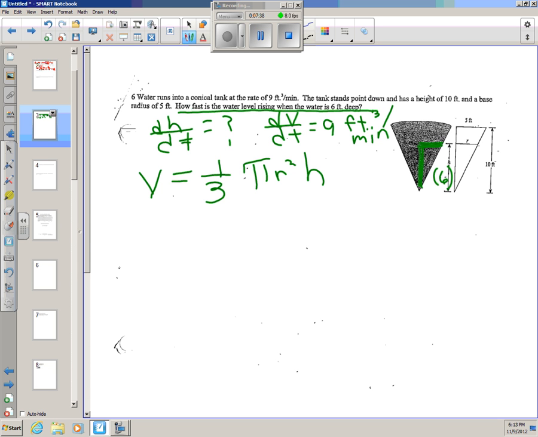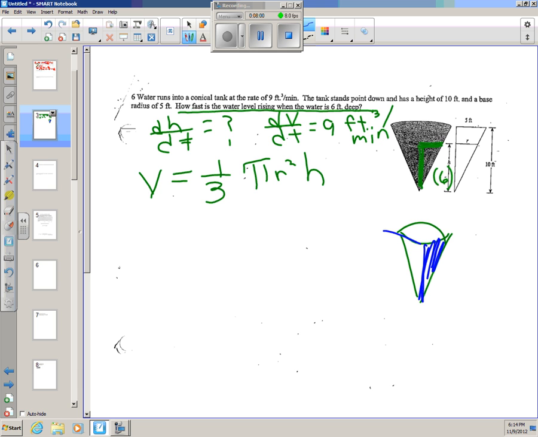All right, so now we're not really concerned with the radius, and we don't have any information directly given to us about the radius. So let's see if we can figure out a relationship between the radius and the height. Now, when I have a cone and I pour water in, it's not going to fill up like this, right? It's going to fill out the cone proportionately.